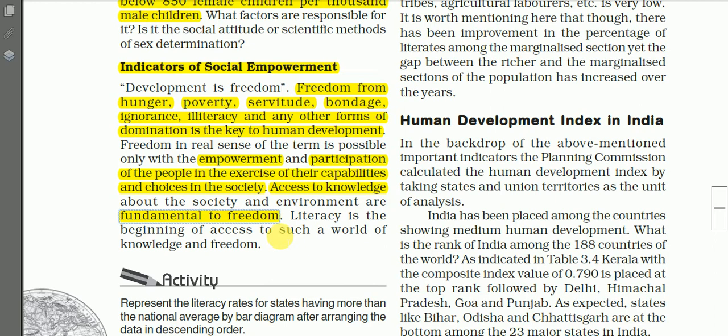That means if we need freedom, then we need empowerment, and empowerment comes from knowledge, and knowledge is related to education. So that is the point I mentioned here. As given here, literacy is the beginning of access to such a world of knowledge and freedom. That means the knowledge and freedom of people depend on the accessibility of education. If people are not educated, then they are limited from knowledge and freedom.